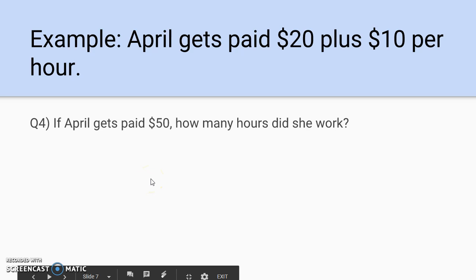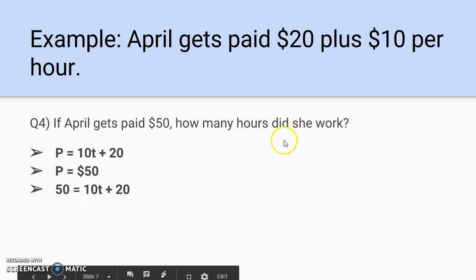Question 4. If April gets paid $50, how many hours did she work? Let's just say P equals 10T plus 20. That's the formula that we found. We're just going to substitute in P equals 50. So 50 equals 10T plus 20.